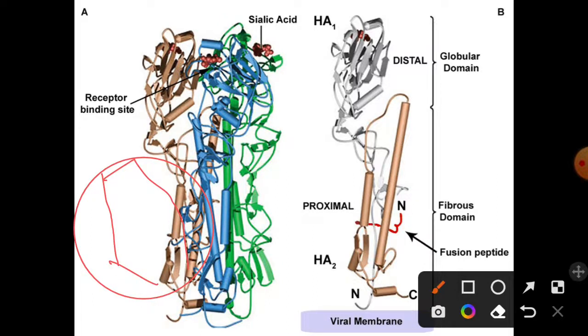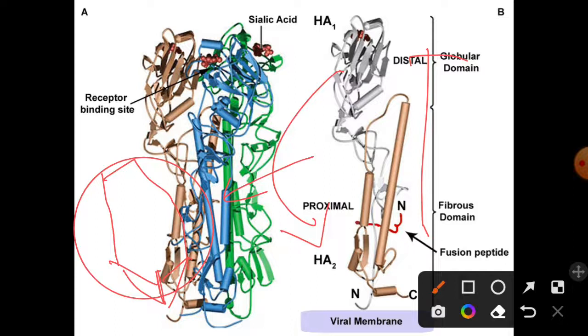Let's say this is one hemagglutinin, this is another, this is another, so three hemagglutinin trimeric complexes together try to fuse with the endocytic vesicle. How is this occurring? This is occurring due to the low pH, which causes a conformational change in the hemagglutinin, and as a result the receptor binding domain moves back and the fusion peptide moves towards the vesicle membrane.